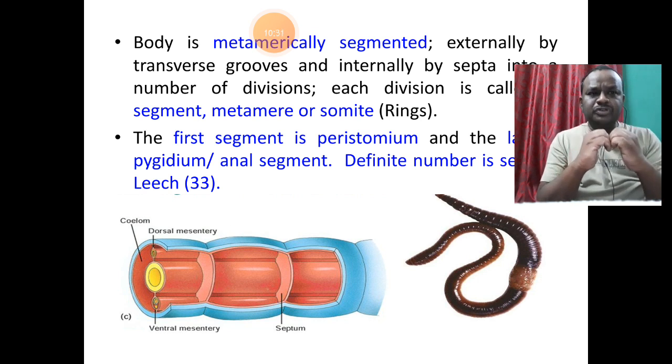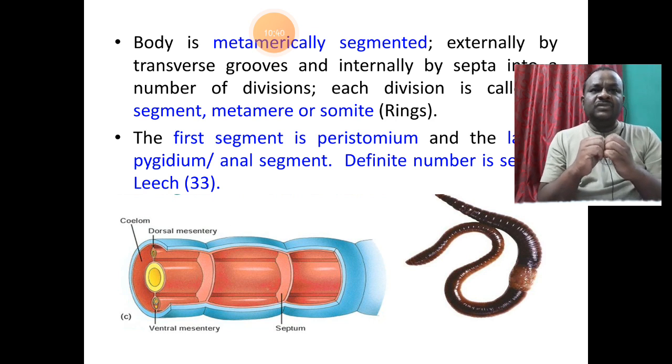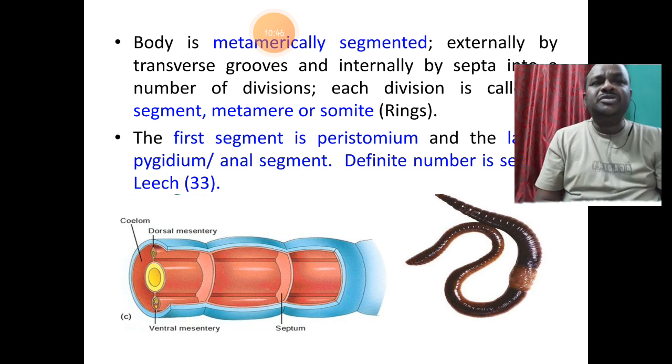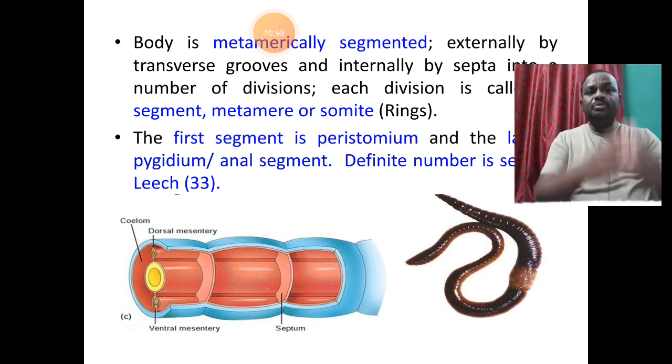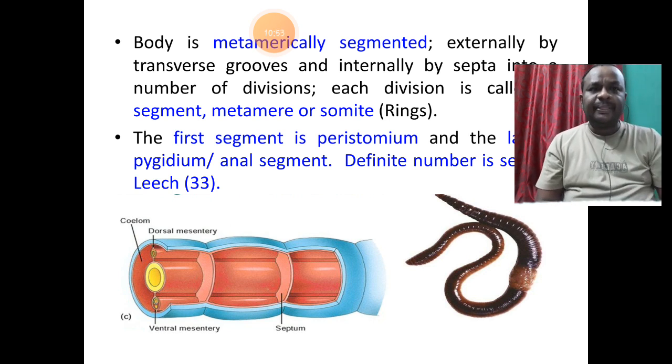So at the junction of two segments, you can find a groove. Can you see a groove-like structure here? Like that the organism shows. These groove-like structures are transverse. It is horizontal. When the animal is made to remain along the anterior-posterior axis, it shows transverse grooves.